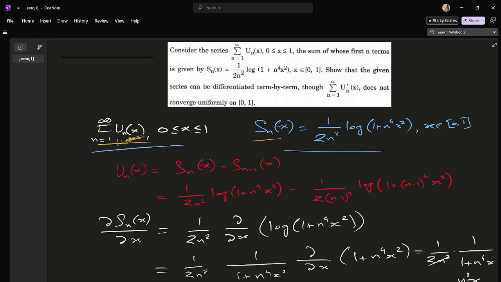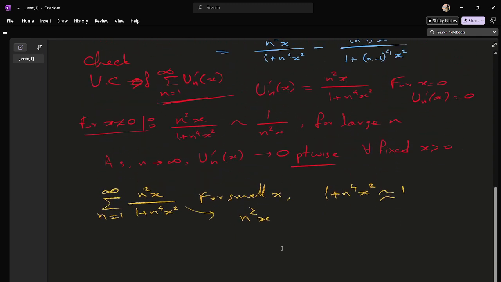The series u_n dash x does not converge uniformly on the closed interval 0 to 1, as the term u_n dash x grows unboundedly for small x. That is our required answer for the given question.